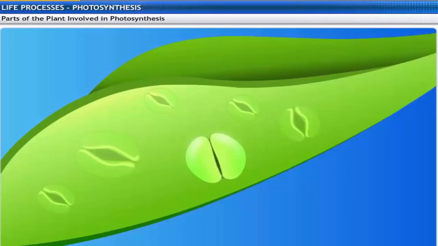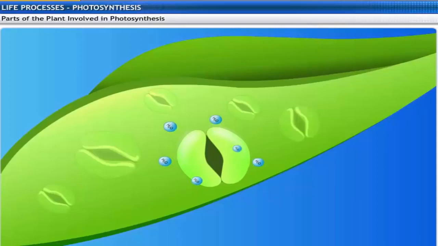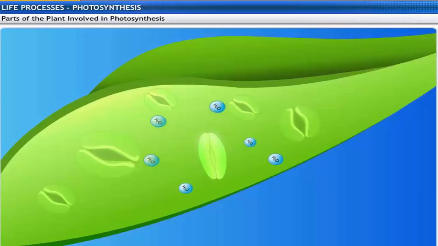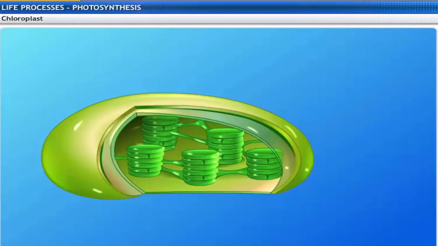Stomata contain guard cells that regulate the opening and closing of stomata. When water flows into them, the guard cells swell and open up the stomata. Similarly, if the guard cells shrink, the pore closes. Chloroplasts are bound by a double membrane.